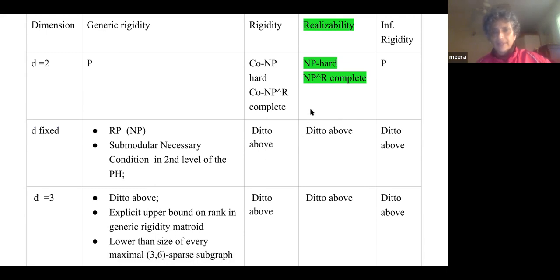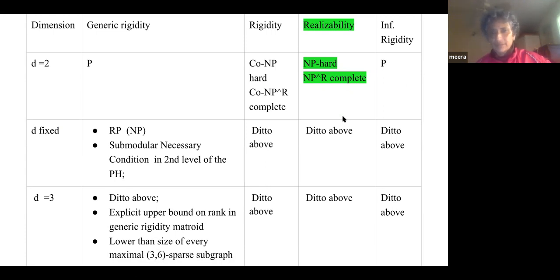It's just there for completeness; you can see the relationship between the complexity of these various different problems. For a given framework, if you wanted to check infinitesimal rigidity, you would just have to check the rank of a matrix, and that can be done in polynomial time.